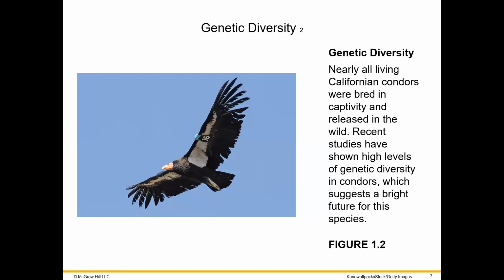Recent studies have shown that there are high levels of genetic diversity in condors, even though they've been bred in captivity. And populations need genetic diversity in order to adapt to threats such as new diseases or climate change.